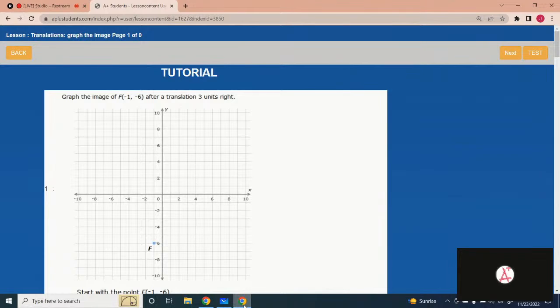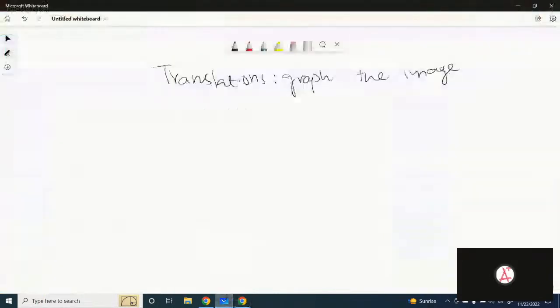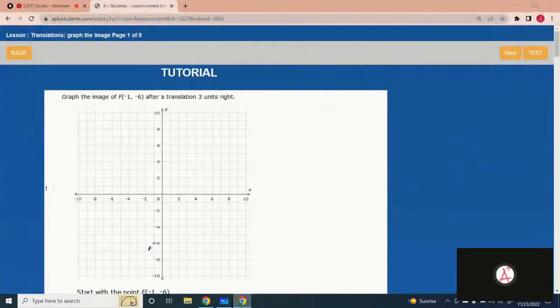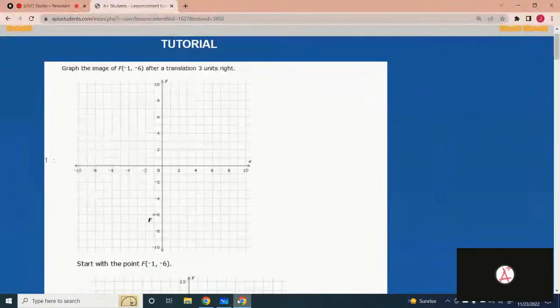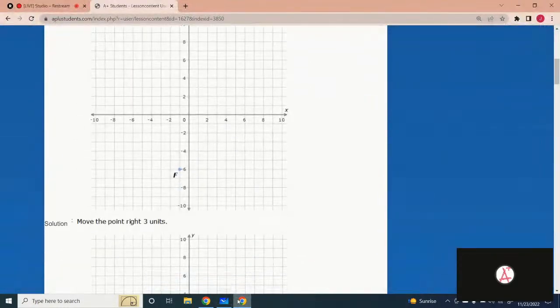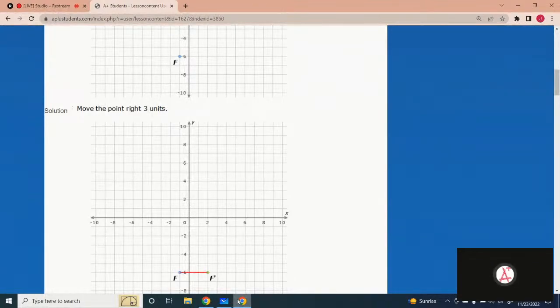Okay, we have to translate 3 units. First plot the point and then you move the point 3 units. Right, this is an easy way.